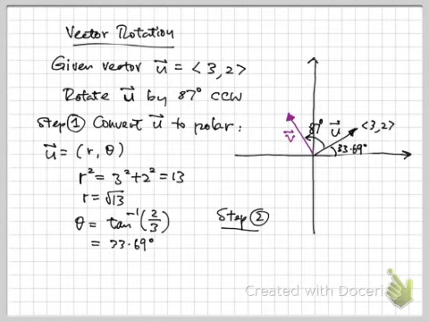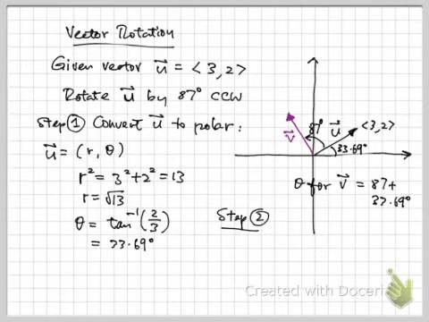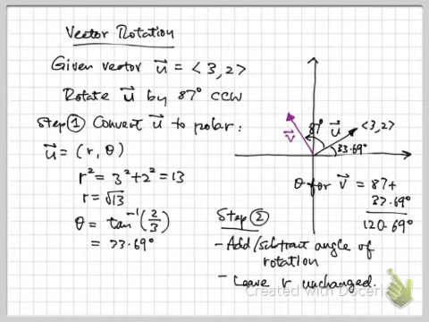So therefore the angle theta for v must be equal to 87 plus whatever the original value is, right? So if you add the original 33.69 to 87 degrees, you get 120.69. And r is unchanged because you're only rotating the vector, so the length of the vector does not change. So that is how you do step 2.